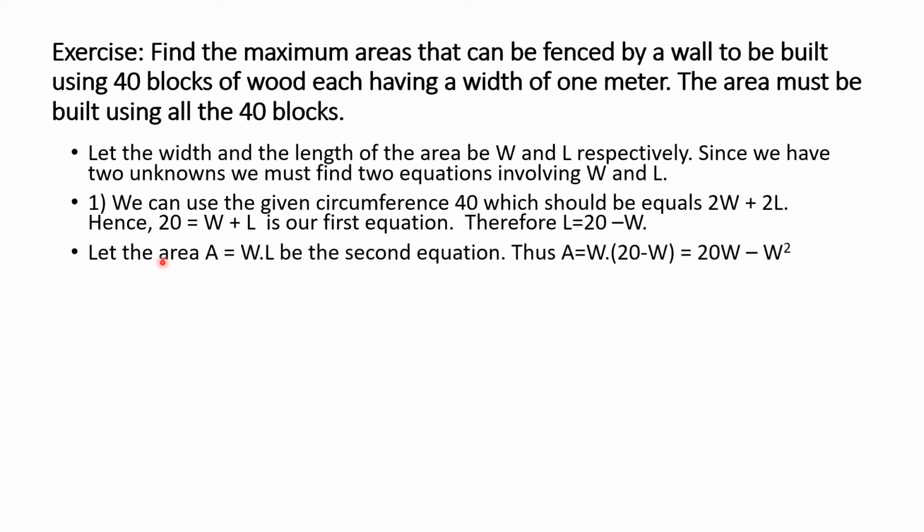We could use the area as a second equation. So the area equals the width times the length. We can replace the length, which is equal to 20 minus W, so the area will be W times 20 minus W. That's going to give us 20W minus W squared.